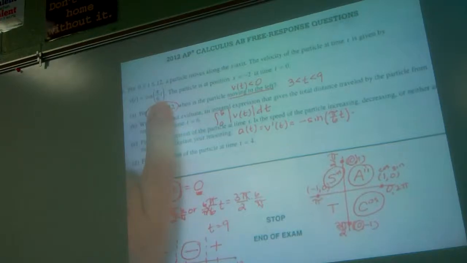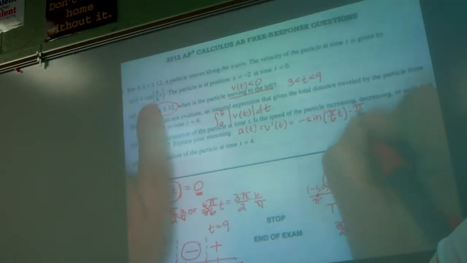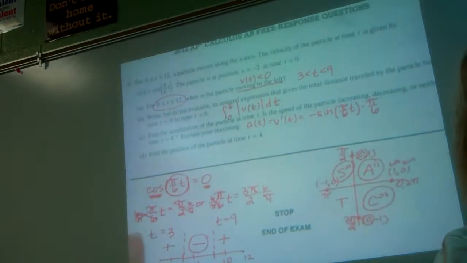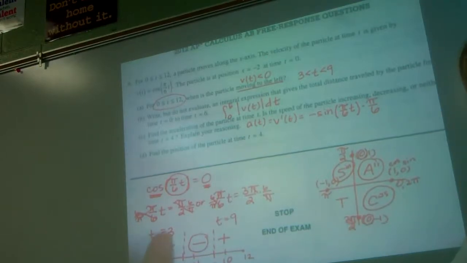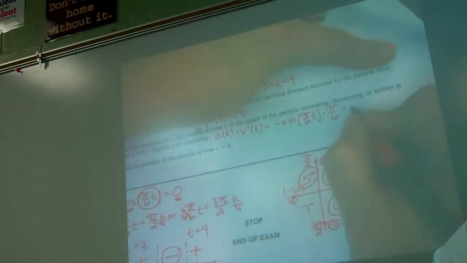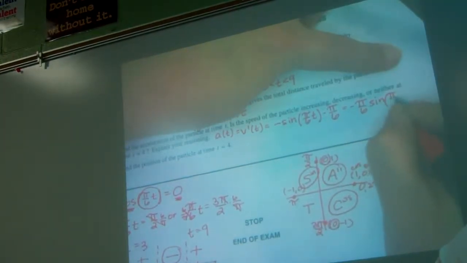What would the derivative of the inside be? Pi over 6, right? The variable is t. So remember, anytime we take the derivative of a variable, it's just the constant in front. So this would be pi over 6. So then we have negative pi over 6 sine of pi over 6 times t. So that's our acceleration equation.